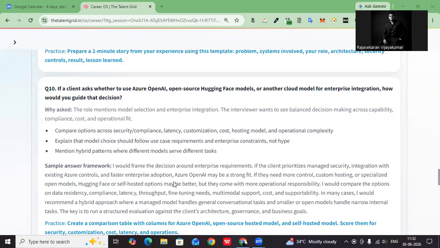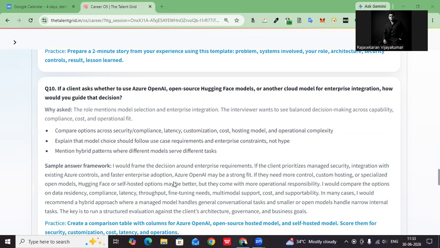As a leader and architect, if I want to evaluate a client's task against the three options, OpenAI, Azure OpenAI, or an open source model, first I will understand the entire business scope.